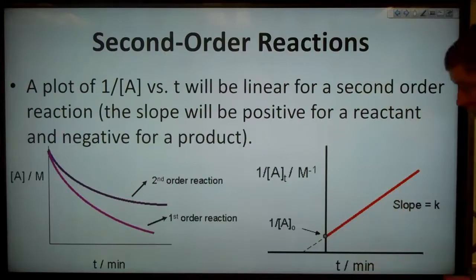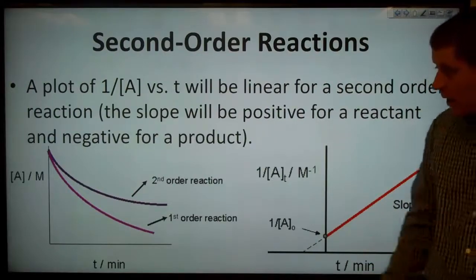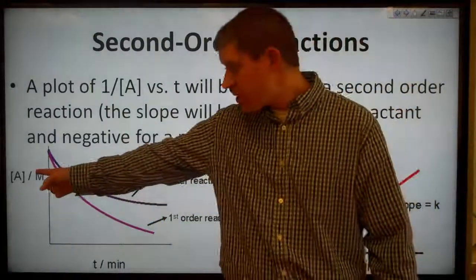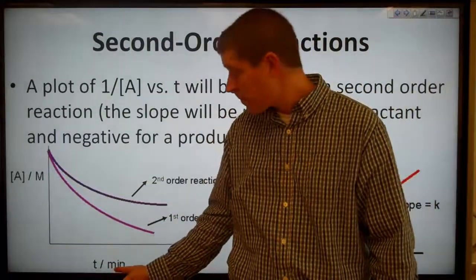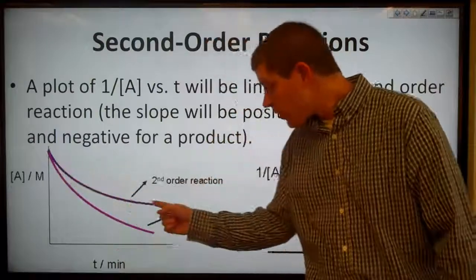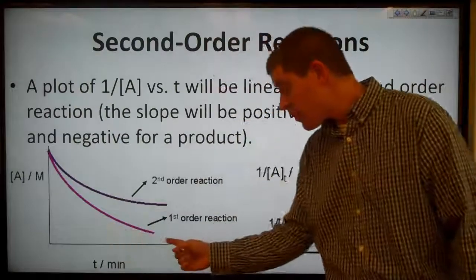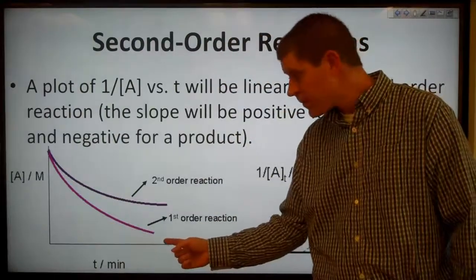So this means that our slope will be positive. So again here we have our concentration versus time curve. Here the purple curve is our second order reaction, that's the top curve. And the pink curve, the bottom one, is a first order reaction.